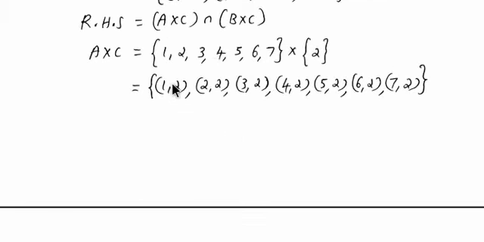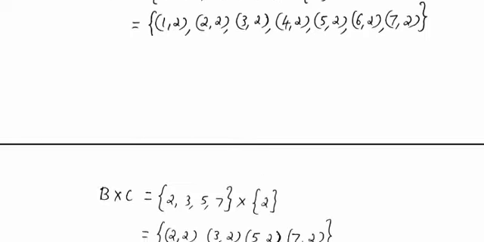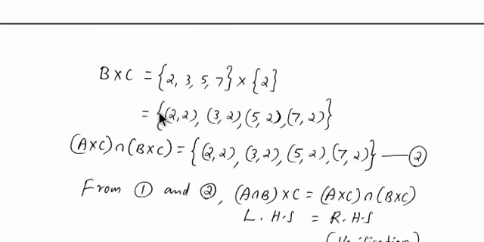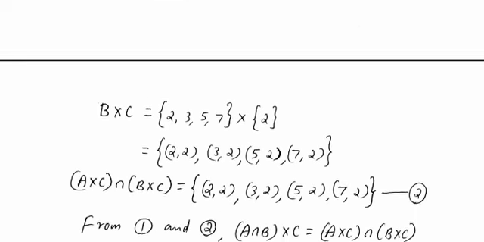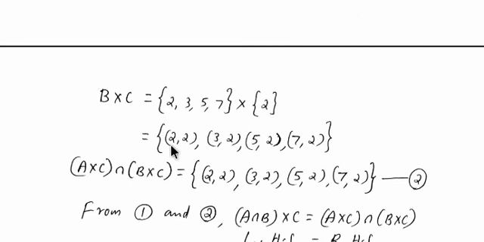Here (1, 2) is the first element. (1, 2) is not common since there is no (1, 2) in the second set. Then the second one, (2, 2). (2, 2) is common since (2, 2) is there. Therefore (2, 2) can be taken.